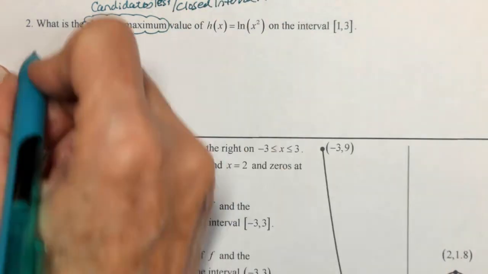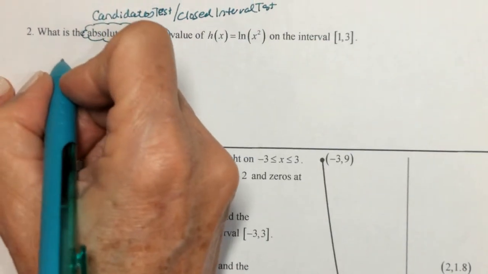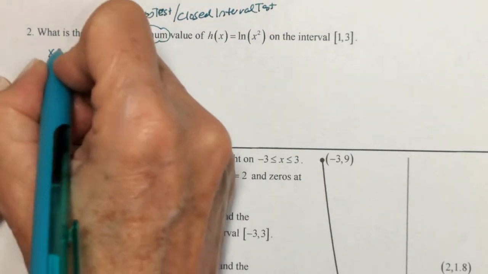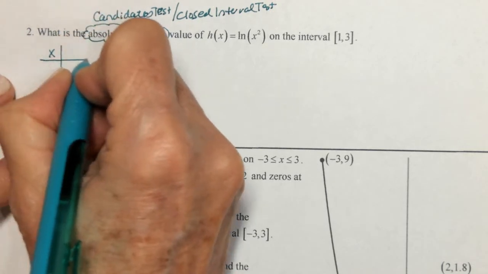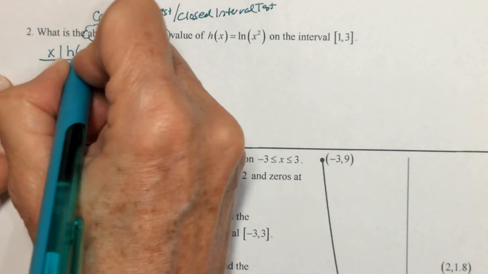Okay, so my variable is x, so I'll put x here. We are finding the maximum value of h, so I put h here.